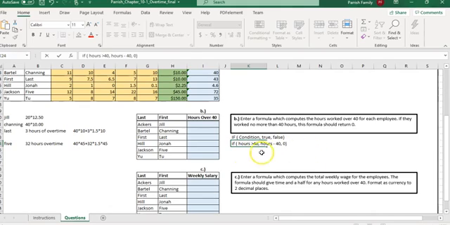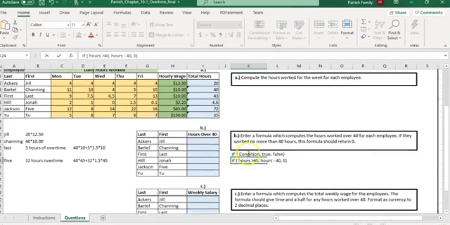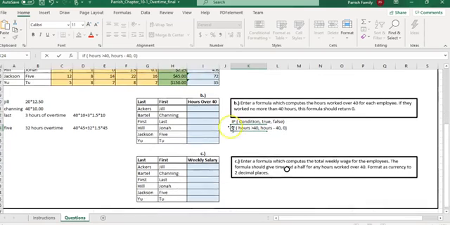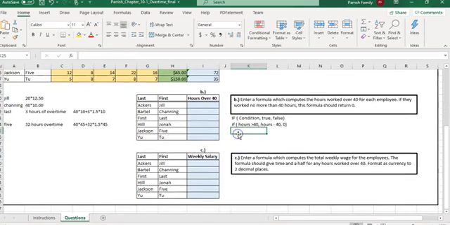Okay? So now the hours are located up here in these cells. So we have the hours in I-12 and I-13. So we're going to replace this with I-12 greater than 40. And then we're going to do I-12 minus 40.